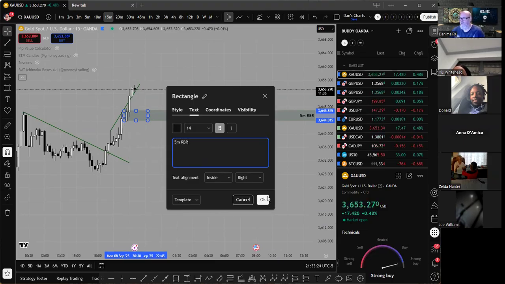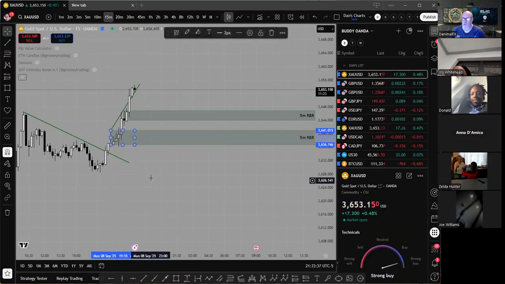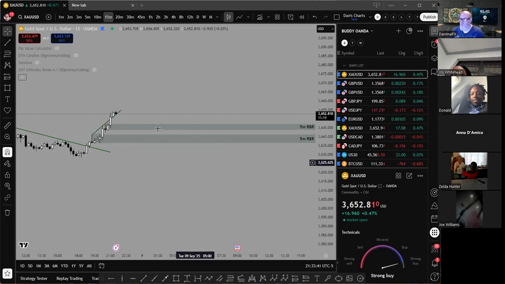We can come back and retest that, or we can come back and retest this one down here. So these are levels that we know there's buyers down here, and we know there's buyers even down at this level.